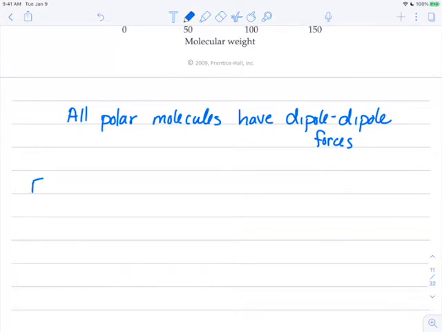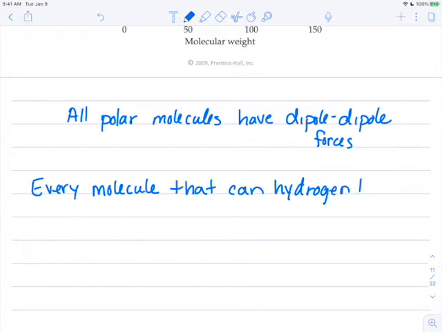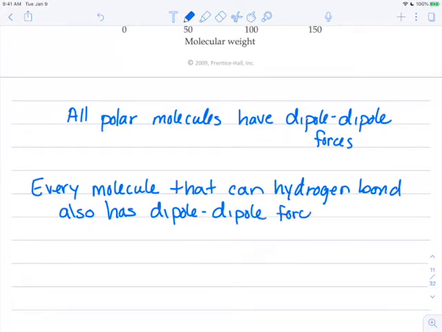So I'm going to say here, every molecule that can hydrogen bond also has dipole forces.